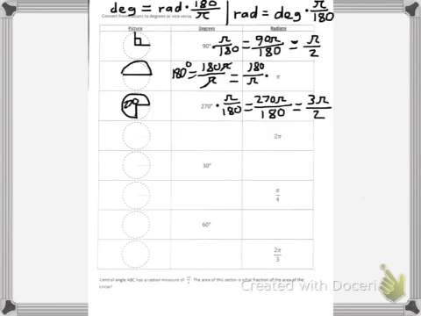All right, our next one is 2 pi. We're converting that from radians to degrees. So once again, I'm going to multiply this one by 180 over pi.